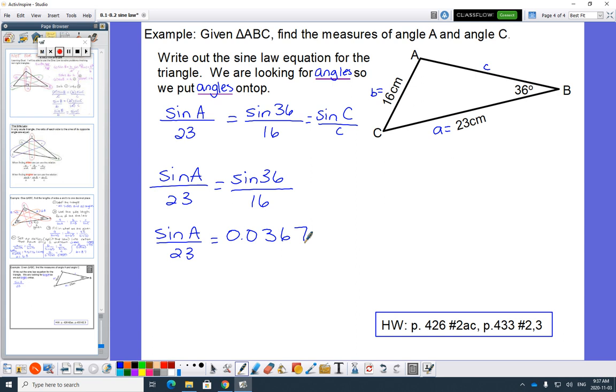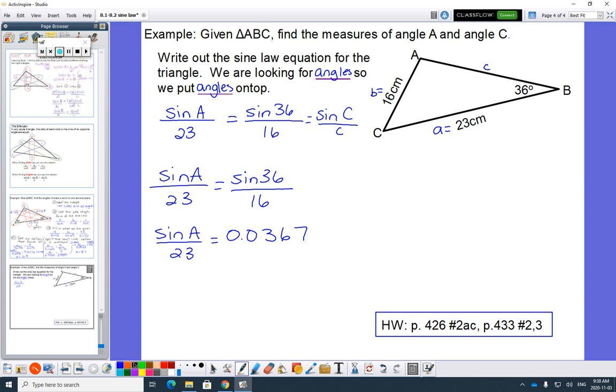But you have to be careful, because if your calculator does not use brackets, you have to push sine 36 and equals. You don't want it to do sine of 36 divided by 16. You want sine 36 and then divide by 16. So be careful and get to know what your calculator is like.